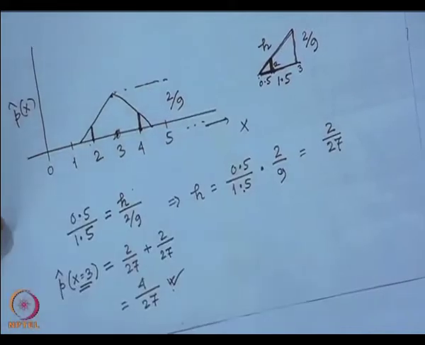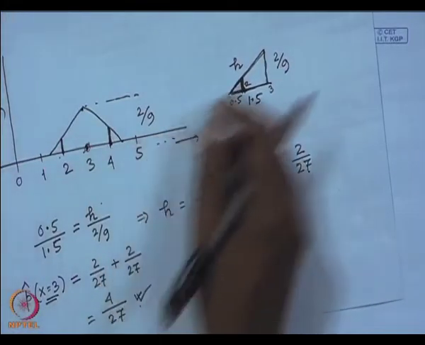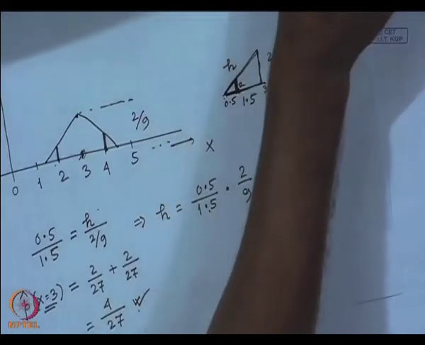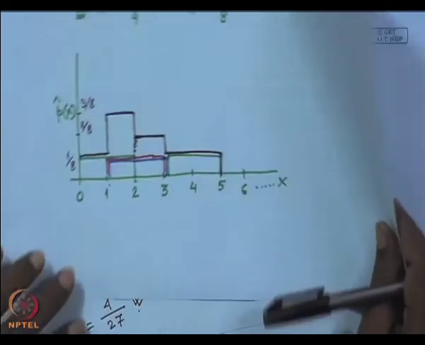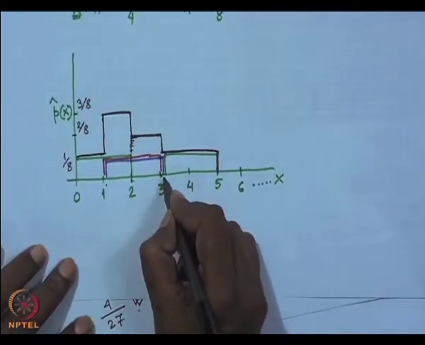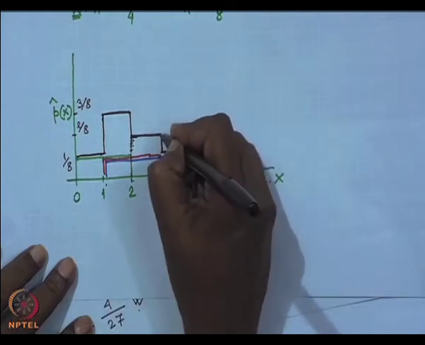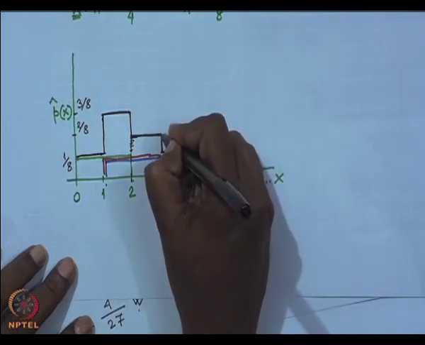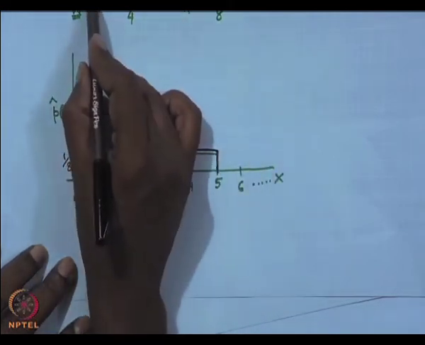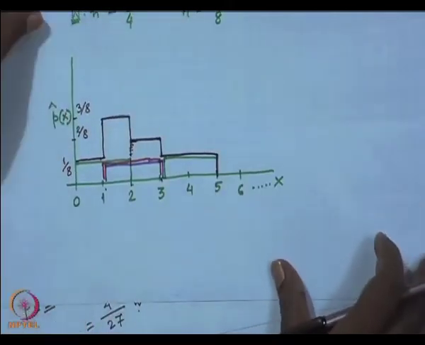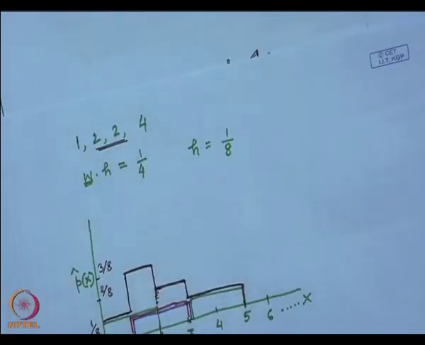I can compute it like this. If I use this one, you find that the estimated probability density at location x equal to 3 is this one, which is 2 by 8, if I use a rectangular window, assuming that I have two samples at location x equal to 2.